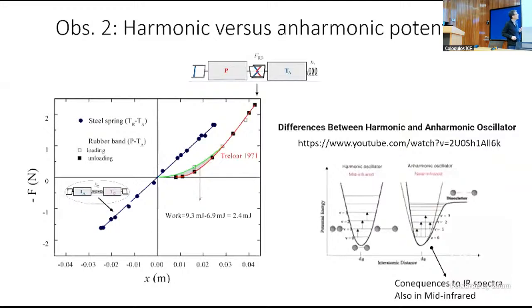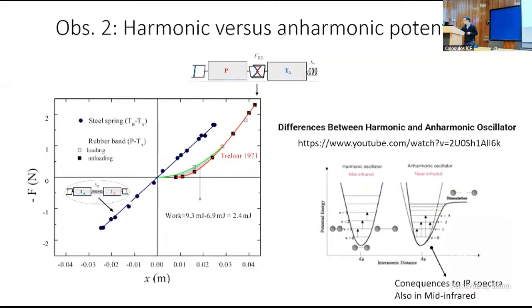But if the anharmonicity is important, the spaces will be different, and different transitions may occur. So if you have a measurement as a function of temperature, and you begin to increase temperature, the frequency where you will observe the absorptions will change. You know? This is an example.